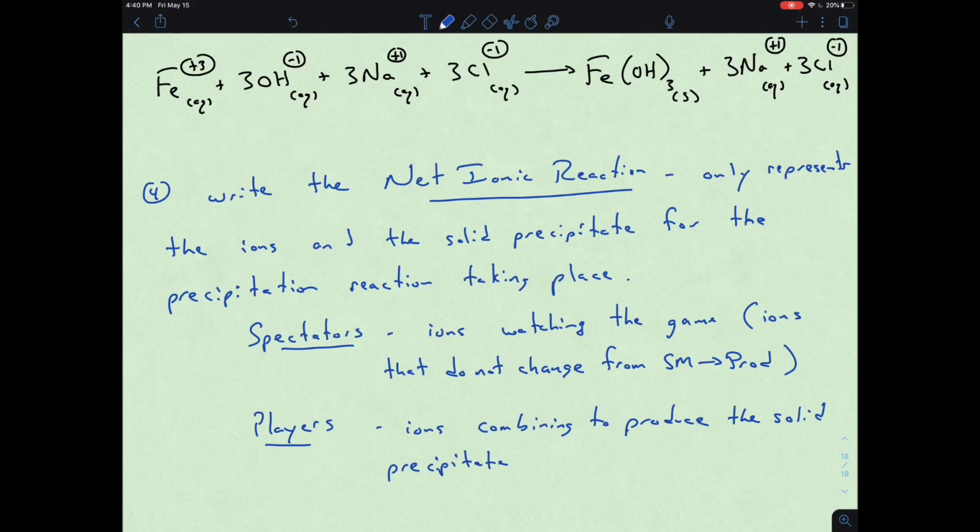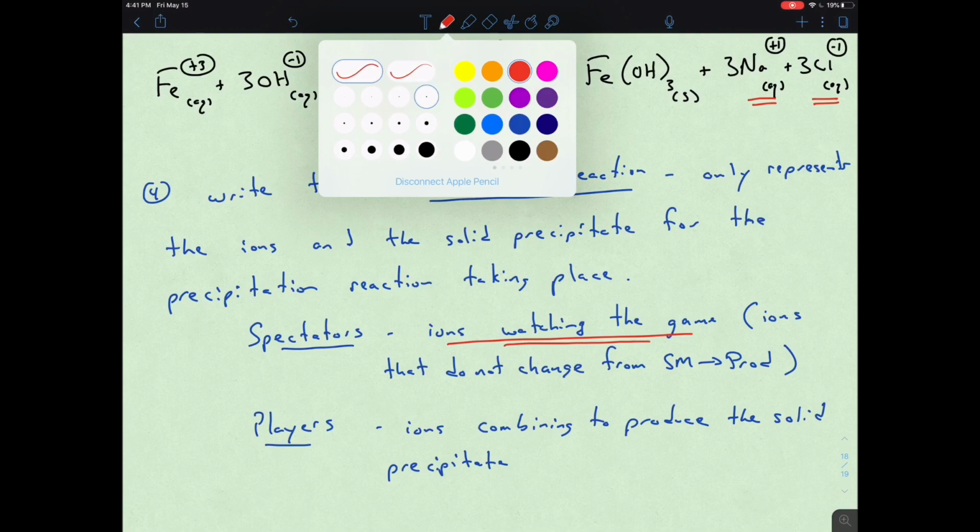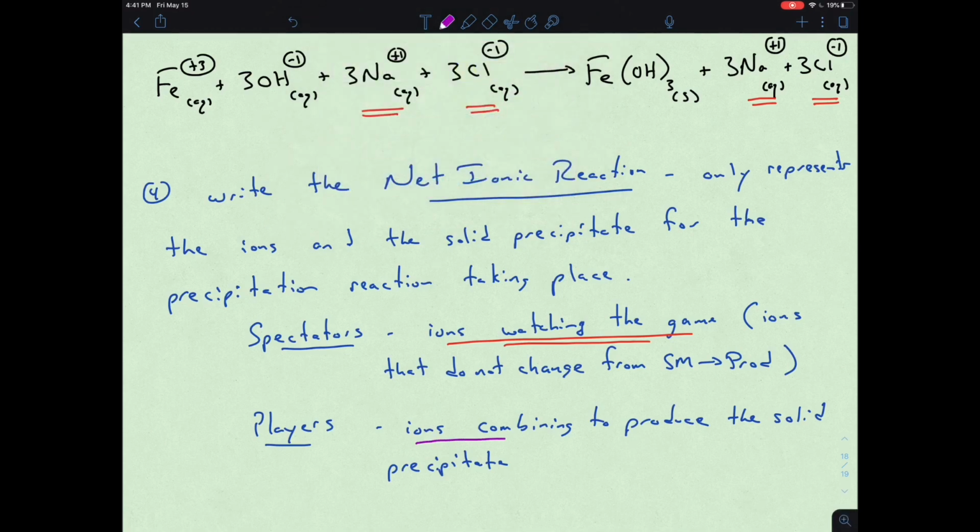So if we look above, for our spectators, these ions that are watching the game, that would be our sodium and our chloride, because they remain unchanged. And then we have the ions combining to produce the solid.